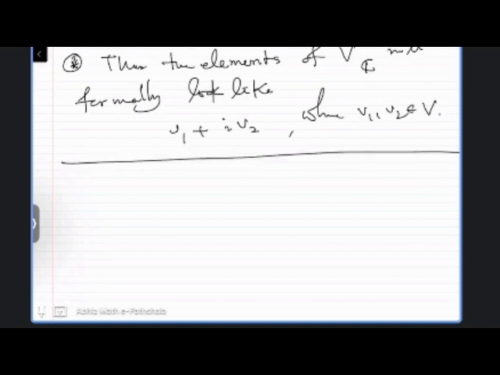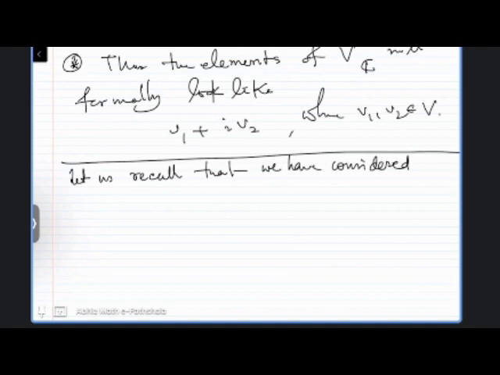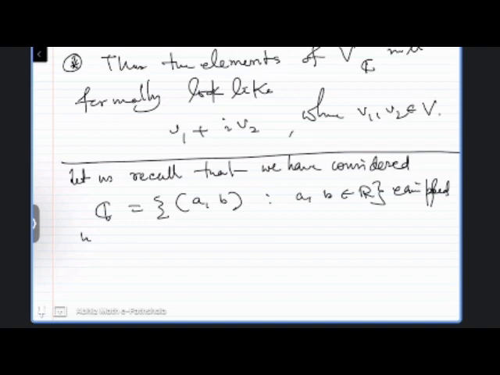So let us recall that we have considered C as a set of all ordered pairs, equipped with two operations.